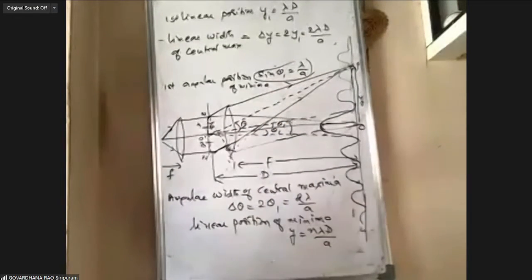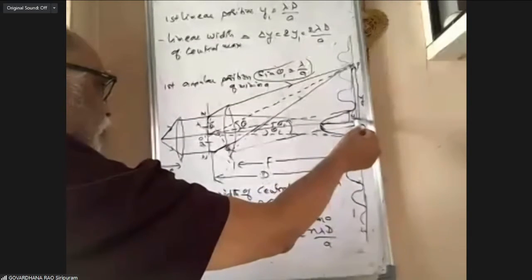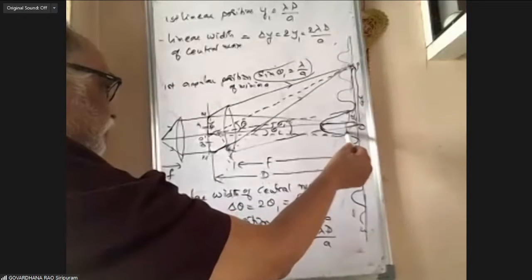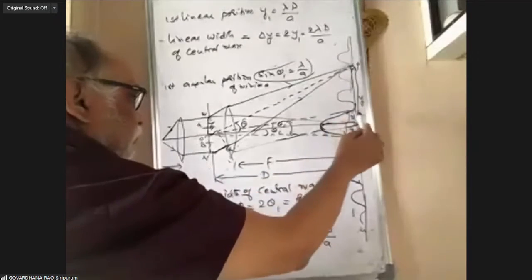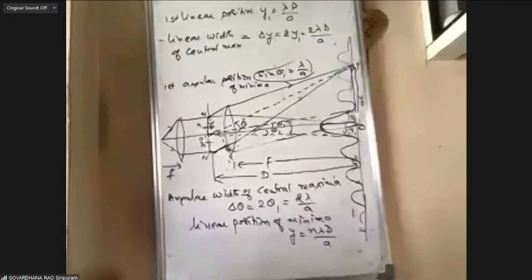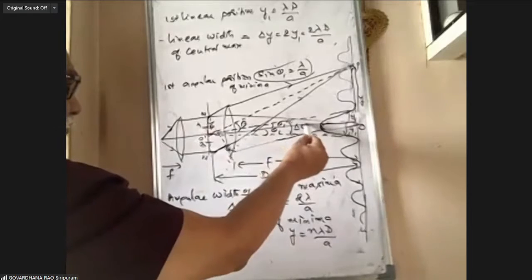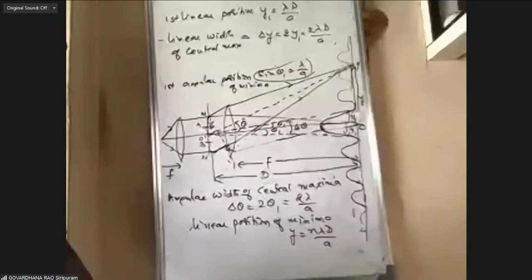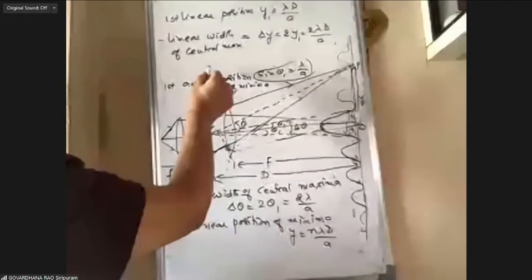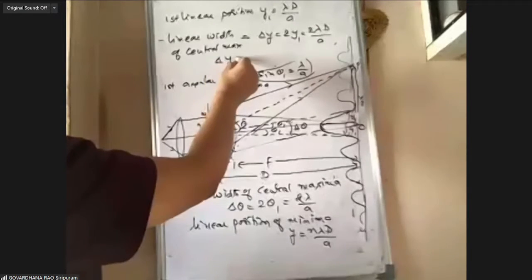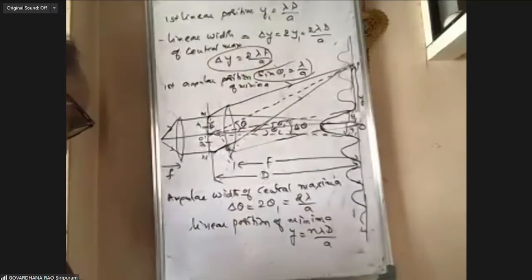This is y1, this is also y1 from here, so 2 y1 is the linear width, not the angular width. Now this D is approximately equal to capital F. So delta y equals lambda F by a. Clear?